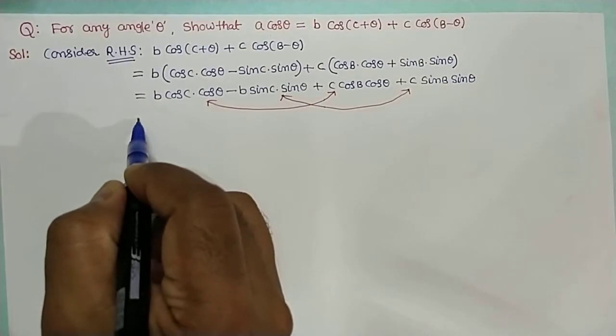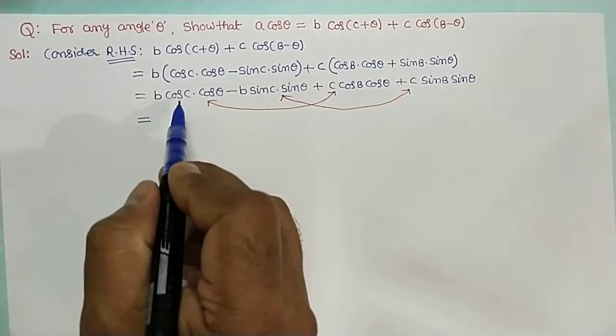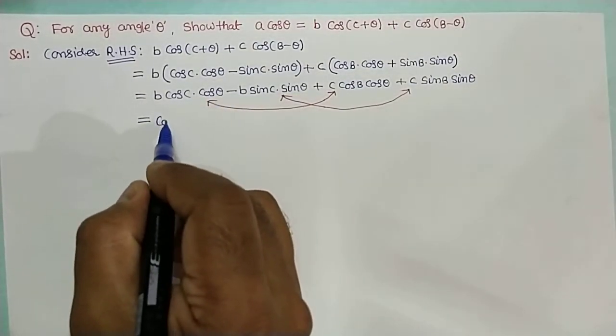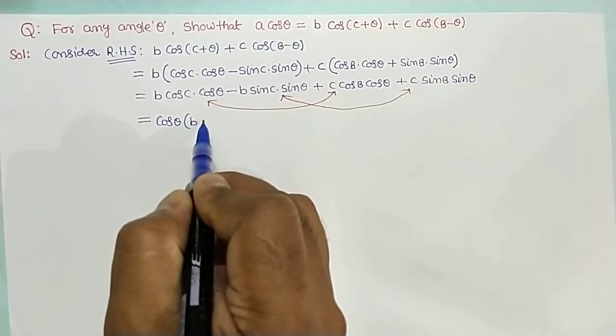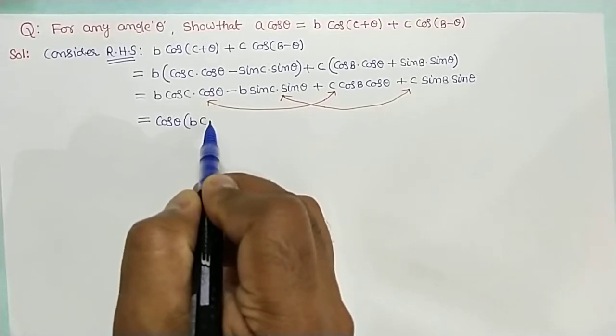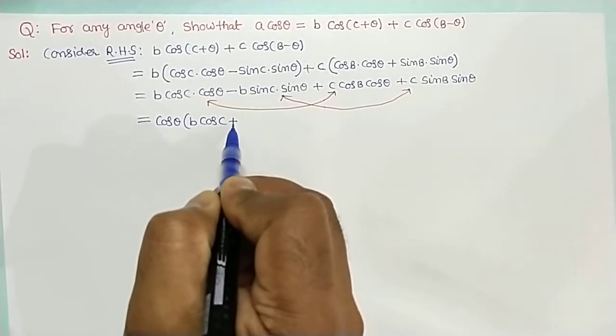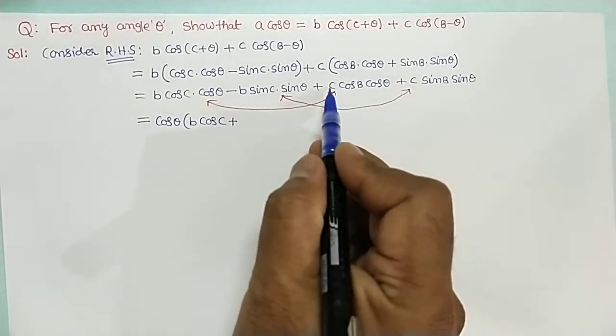Now I am taking common cos theta from first and third. So it will become cos theta into (b cos C plus c cos B).